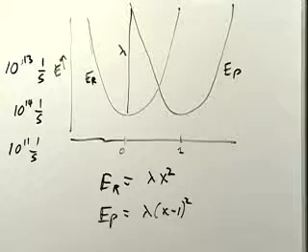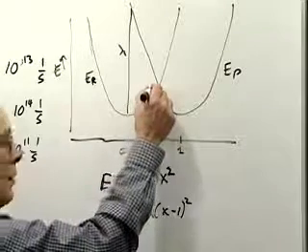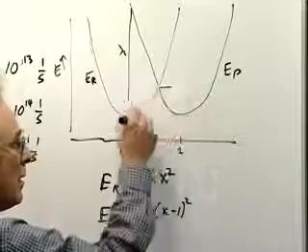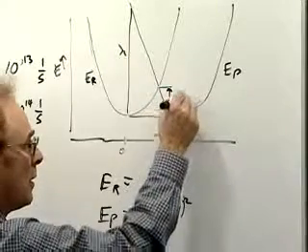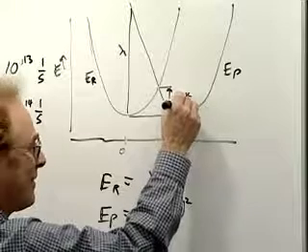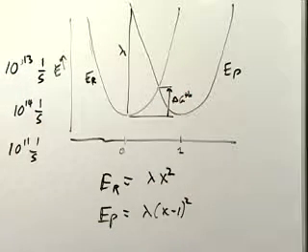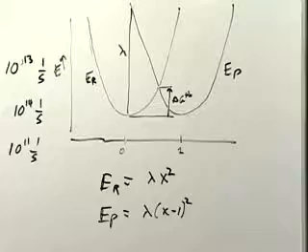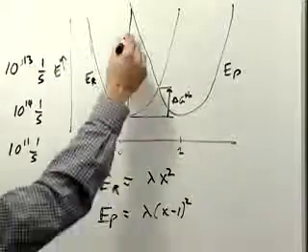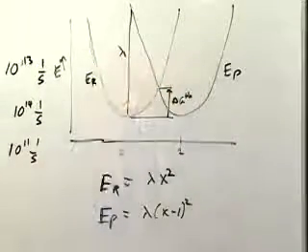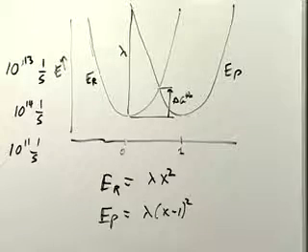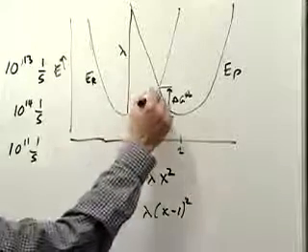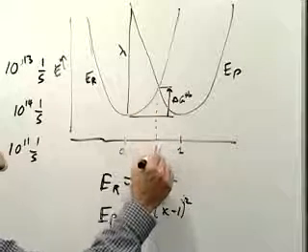Okay, the next thing I want to say is, if this is the thermal barrier, which I'll call delta G star for the reaction. And you see, as long as I've assumed that the two parabolas have the same force constant, this is going to occur at x equals 1/2.